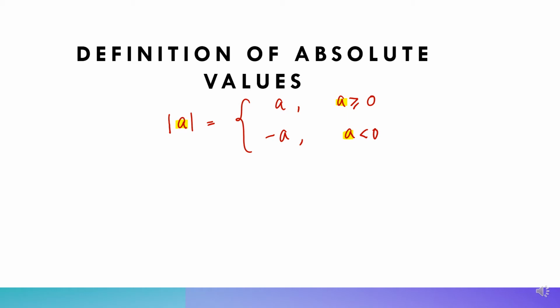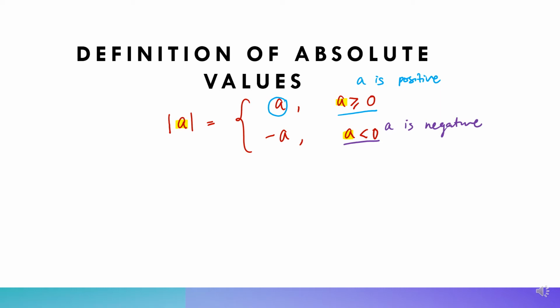In the first line, when my A is greater than or equal to 0, A is positive. So modulus A will be equal to A, a positive number. In my second line, when my A is less than 0, my A happens to be negative.